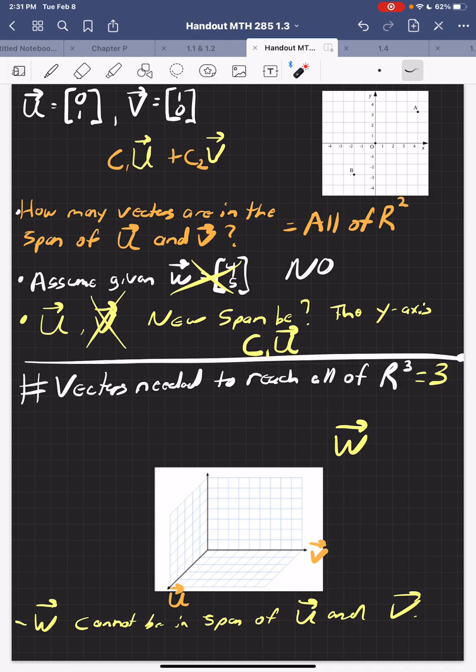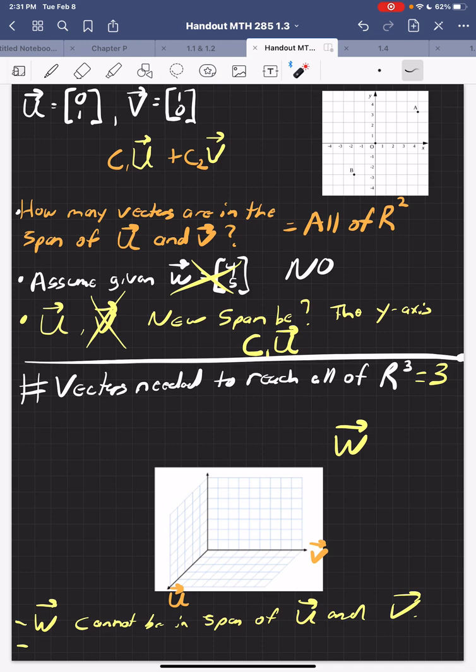Another way of saying this is, your vectors can't be, let me see how I want to phrase this. I'll tell you what, I'll just state it, but then I think I have a better graph to explain what I'm trying to state. So your vectors can't be parallel to each other, right?